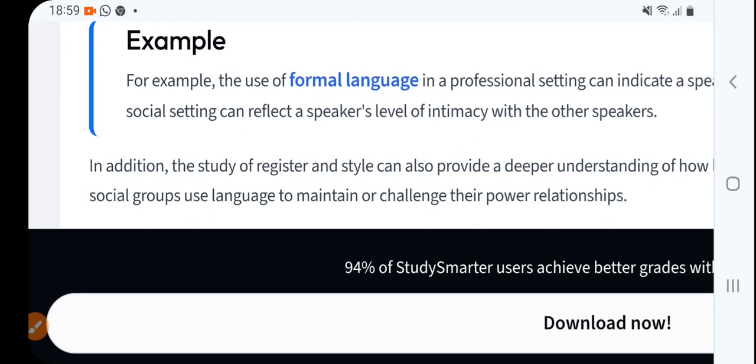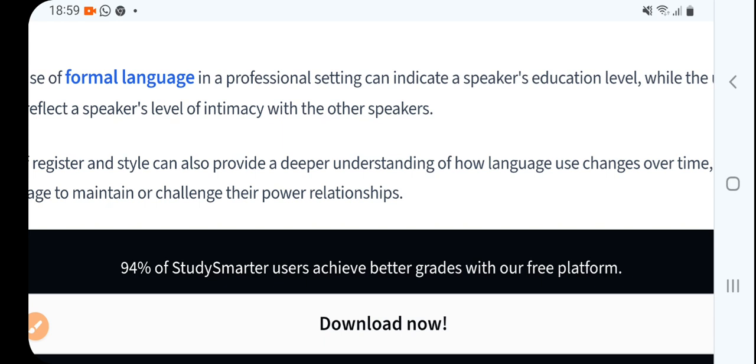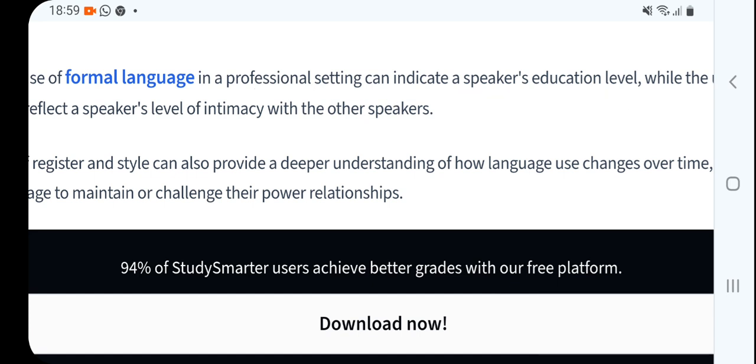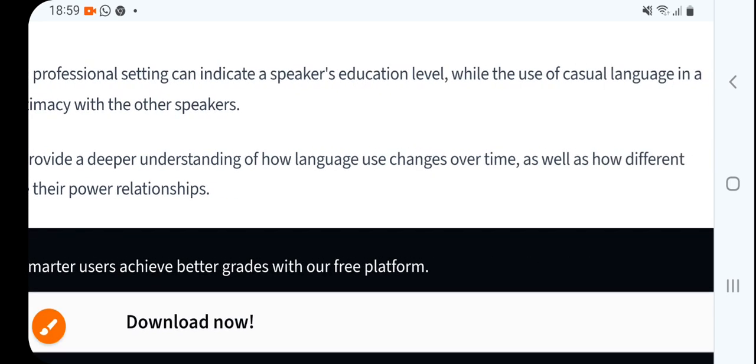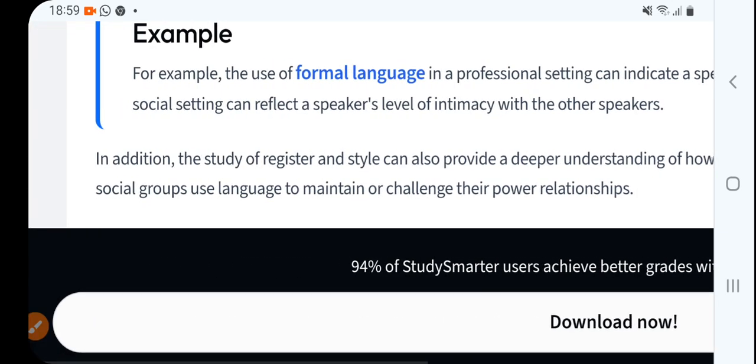For example, the use of formal language in a professional setting can indicate a speaker's educational level, meaning how qualified he or she is, while the use of casual language in social settings can reflect a speaker's level of intimacy.